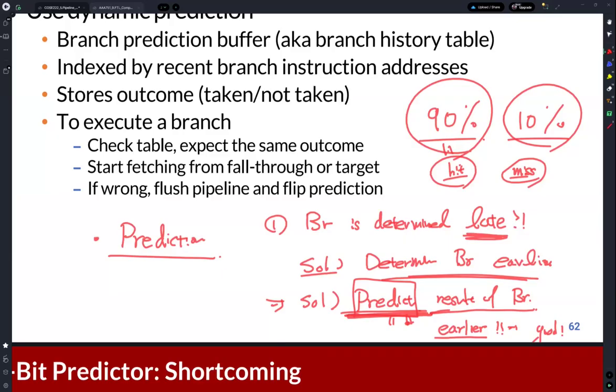Because we learned that clock cycles are wasted if the instructions are incorrectly fetched. So this is the benefit of a prediction. If the prediction is correct, which means it's a hit, then it's good.